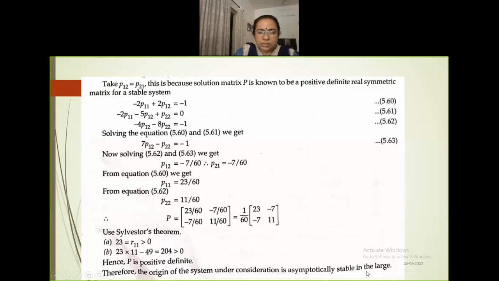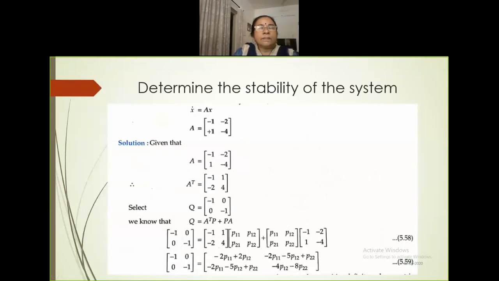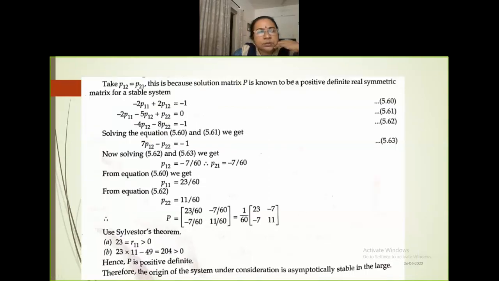Okay, I'll explain once again. Don't panic. Determine the stability of the system. The equation is given to you, the system matrix is given to you. Then you have to select Q as the unity matrix, minus 1, 0, 0, minus 1. We derived the equation for Q as A transpose P plus PA. Then by using this equation, get the values of P11, P12, P21, P22.